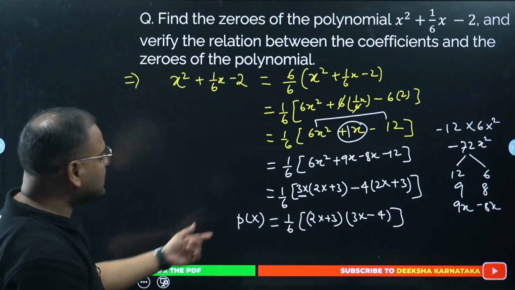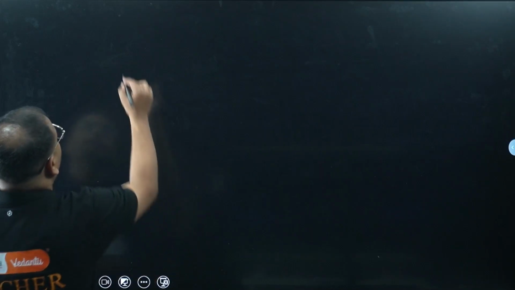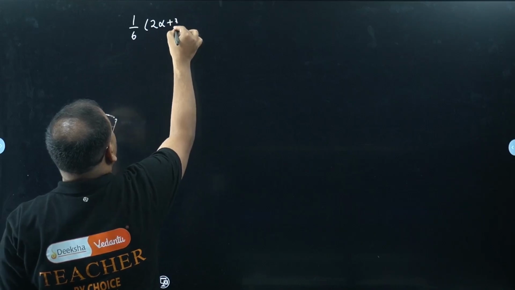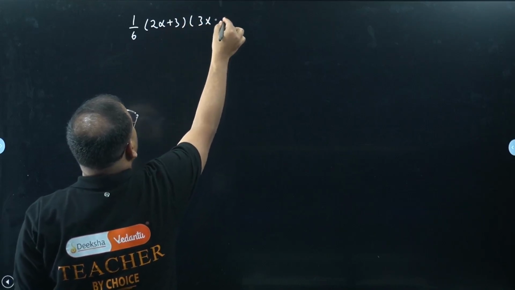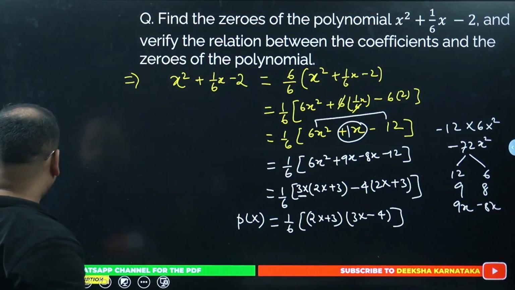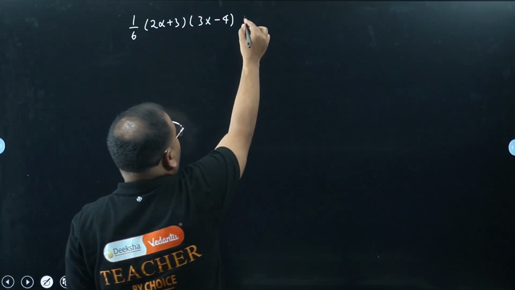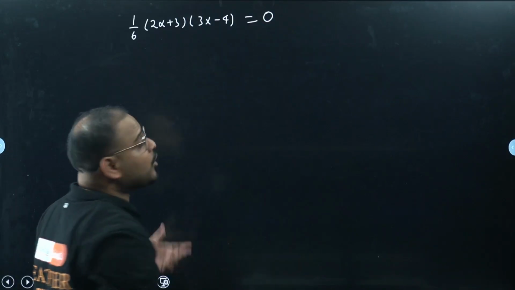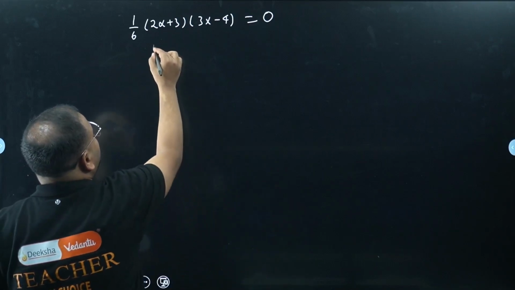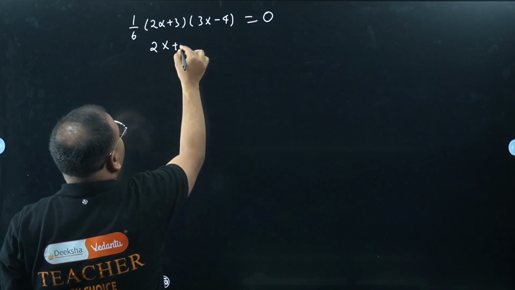1 by 6, 2x plus 3 and 3x minus 4. Let me cross check if I'm right or wrong. I'm right. And we're going to make it equal to 0. How can product of two numbers be 0? If one of the numbers is 0. So let's take first 2x plus 3 as 0.